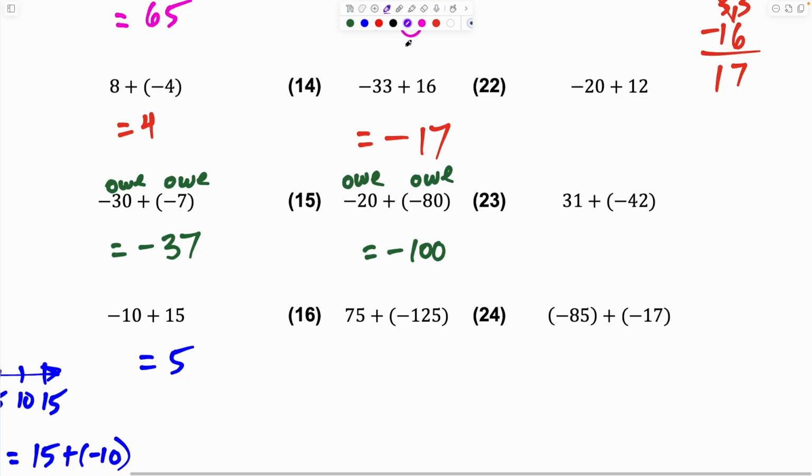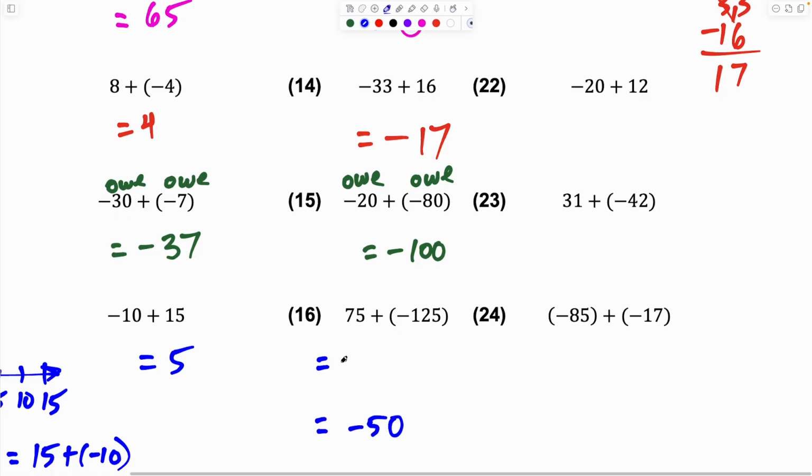And now for the next question here, so for question 16, we have 75 plus negative 125. And for this one, we could use commutativity of addition. And if you could just do this math in your head and you get right to the last step here of negative 50, then great.